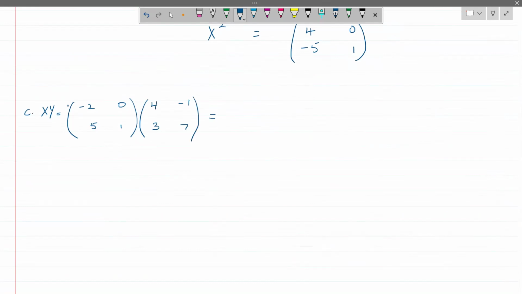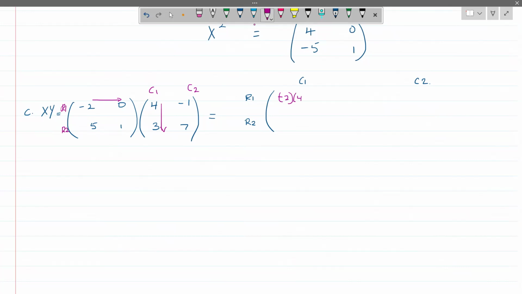Right? Again, my answer is going to have 2 rows and 2 columns. So I could write my little frame for my answer here. And then start multiplying. Row 1, row 2, column 1, column 2. Row 1 by column 1.